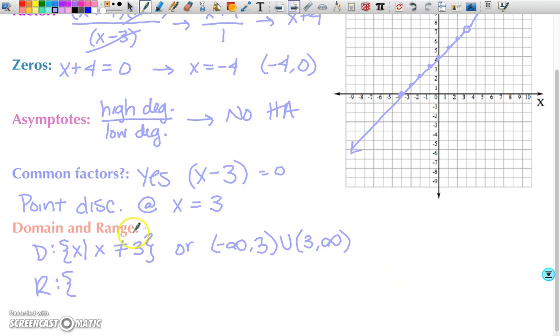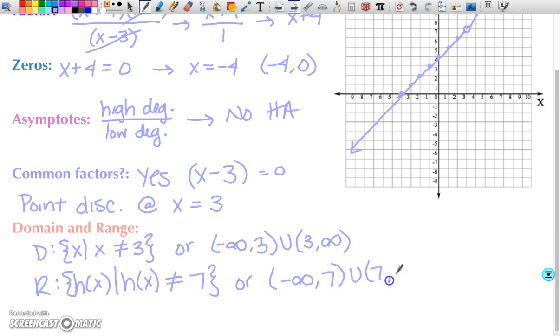Yep, so h of x such that h of x does not equal what number? And so if you look over, it hits at 7. So h of x does not equal 7. Or in your interval notation, negative infinity to 7, union 7 to infinity. And there are your graphs.